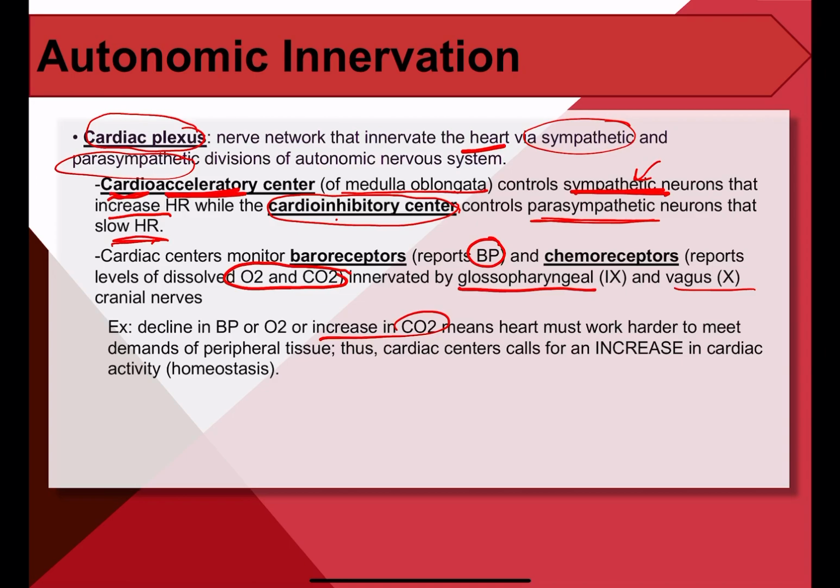In all of these cases, whether there's a decline in blood pressure, a decline in oxygen level, or an increase in carbon dioxide level, it means your heart has to work faster to meet the demands of your peripheral tissue. Of course, your respiratory system will do something as well that we'll talk about when we get to the respiratory system.